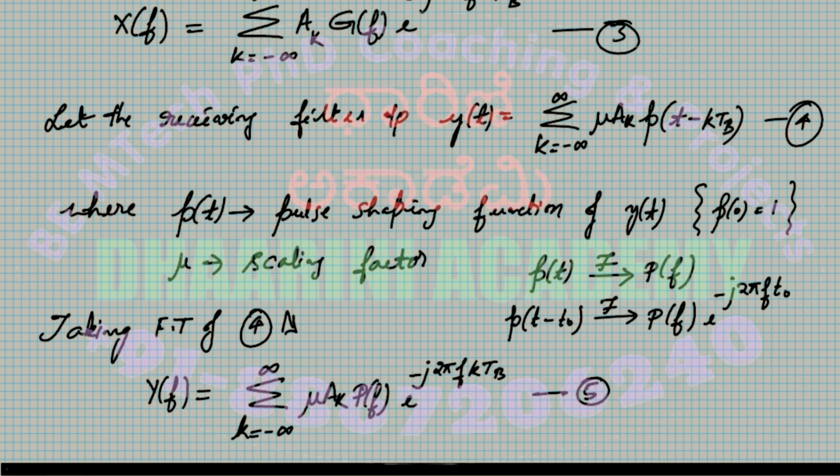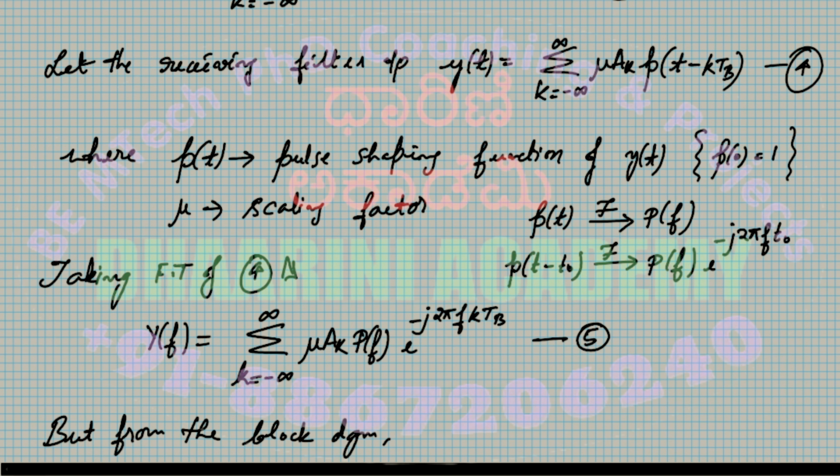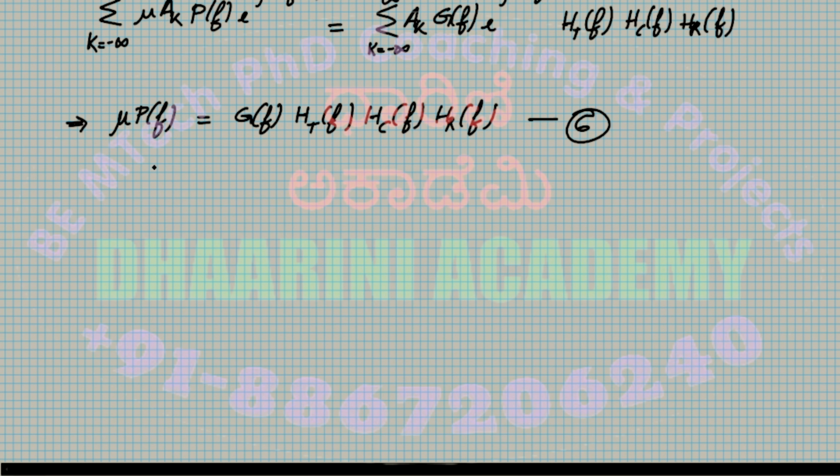I'll look at the equation number and I'll come back. So that is equation number 4. Y of t is equal to summation k minus infinity to infinity mu ak P of t minus k Tb. This is how you get it.